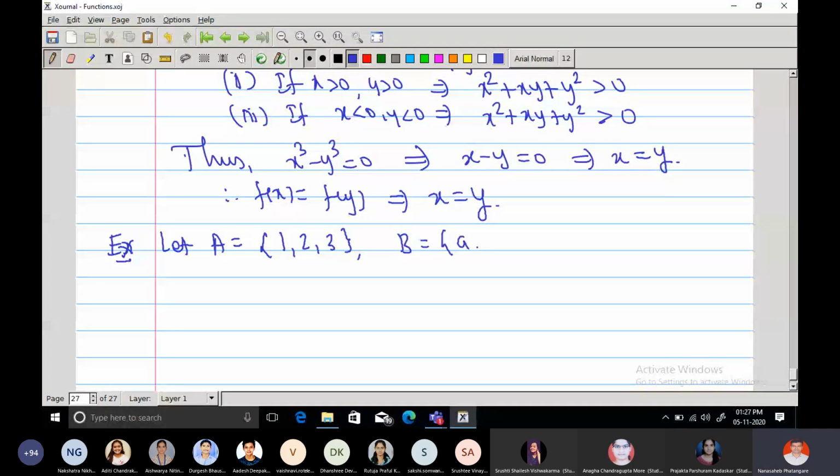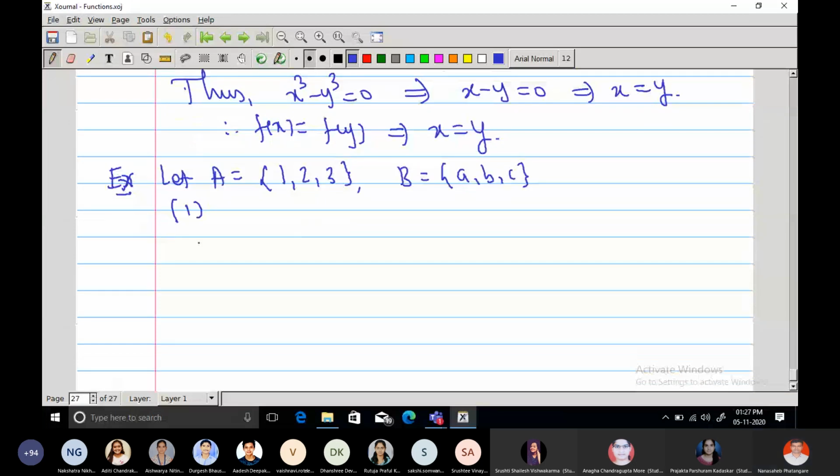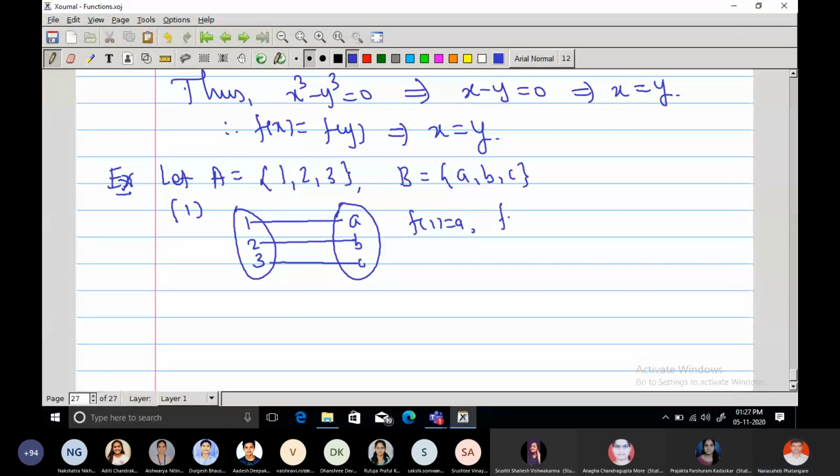Now, if I define a function like this, I will map 1 to A, 2 to B, 3 to C. So that means f of 1 is equal to A, f of 2 is equal to B, f of 3 is equal to C. So is it one function? Yes, sir.